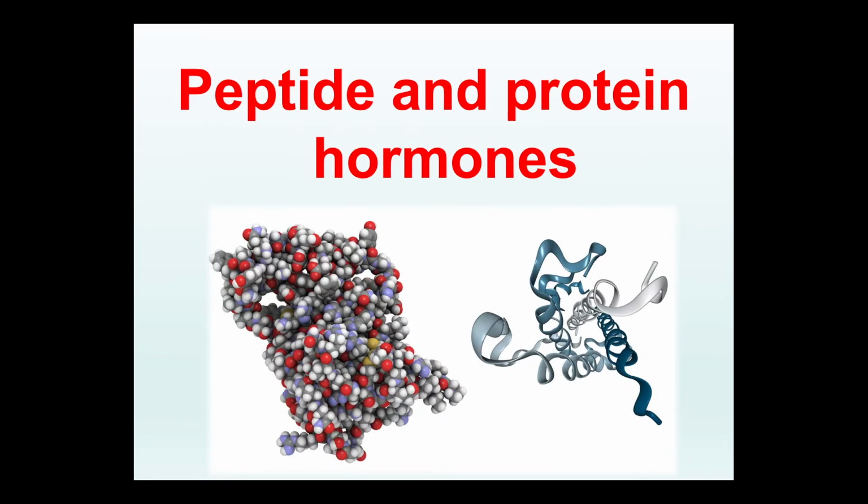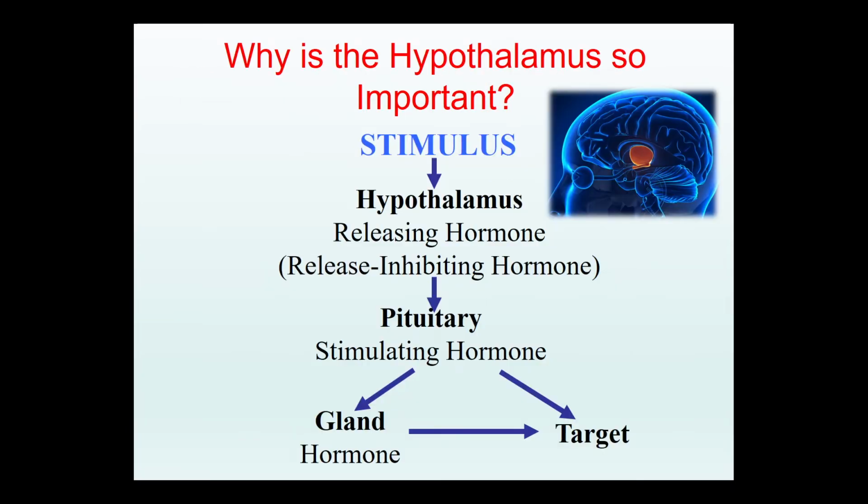Let's start to talk about these hormones in detail, and we start with the peptide or protein hormones. We will talk about them according to the hierarchy of their synthesis and function. And you know already that in the first place, at the top, are the hypothalamic hormones.